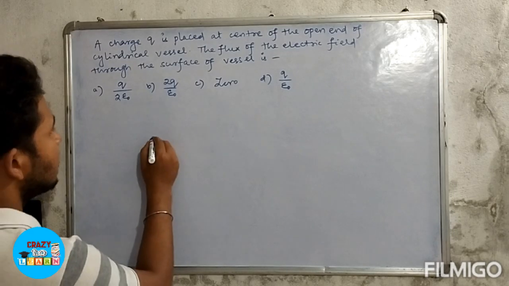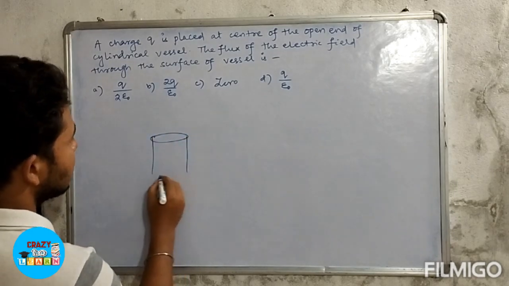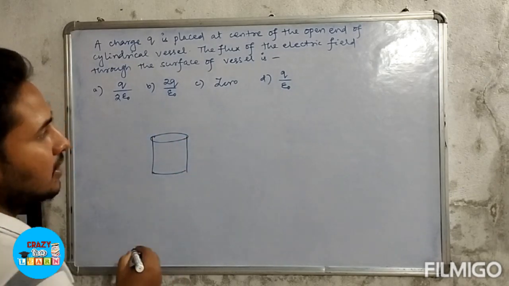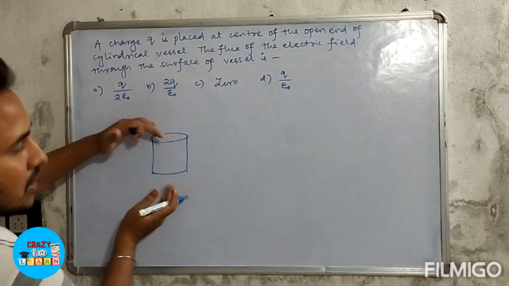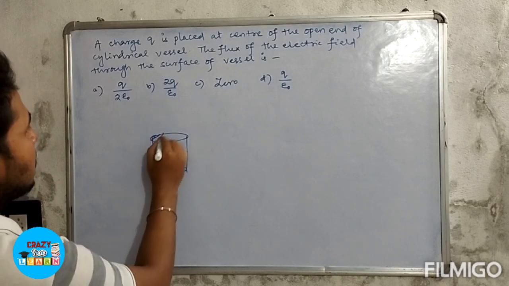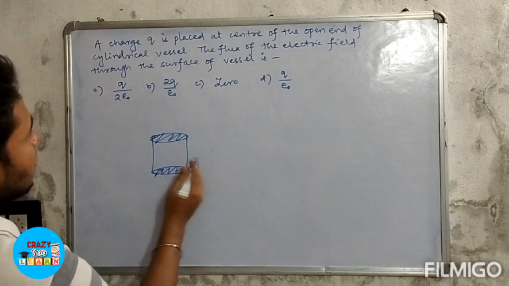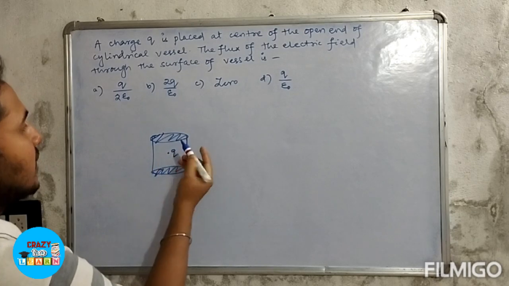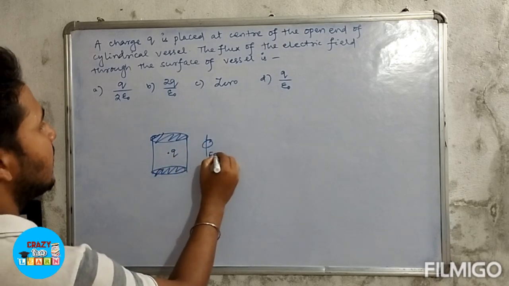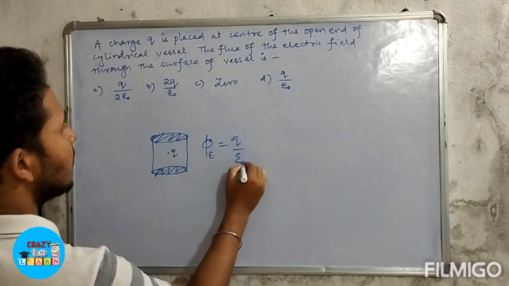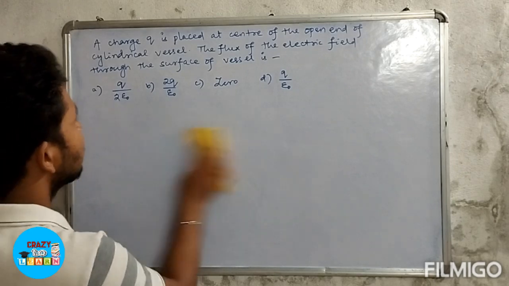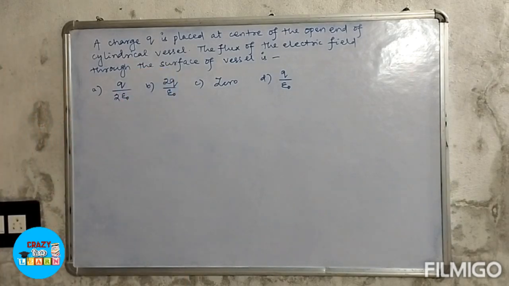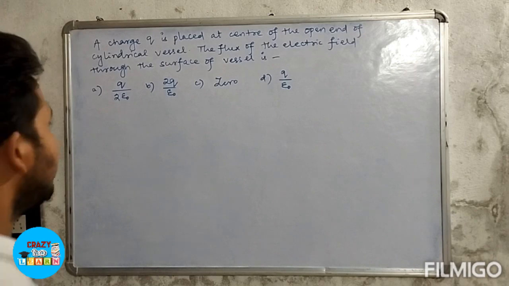What is a closed-end cylinder? It is a completely closed cylinder. This surface is closed, this surface is closed, and Q charge is there. Then the flux phi E is equal to Q by epsilon naught according to the Gauss theorem. But here it is an open-ended cylindrical vessel.